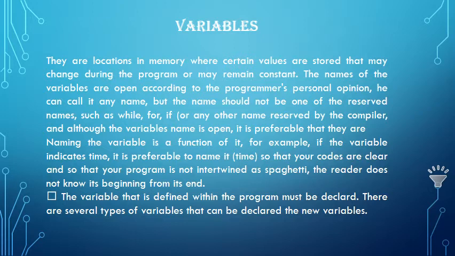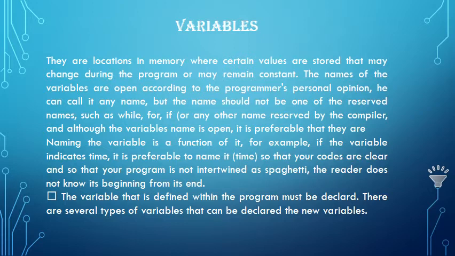And although the variable's name is open, it is preferable that the name of the variable reflects its function. For example, if the variable indicates time, it is preferable to name it time, so that your codes are clear, and so that your program is not intertwined like spaghetti, where the reader does not know its beginning from its end.